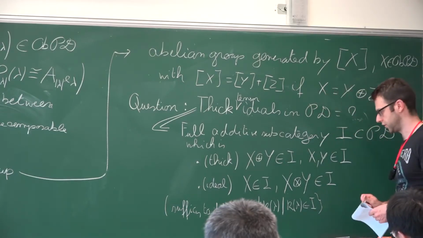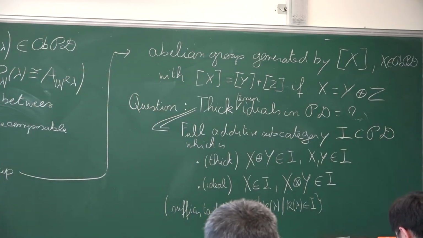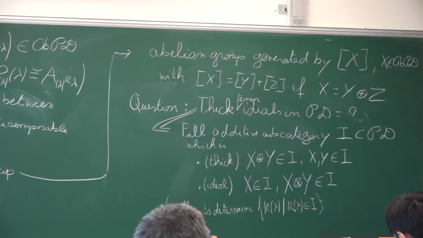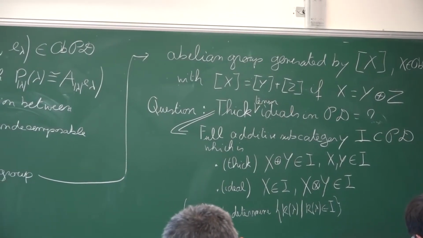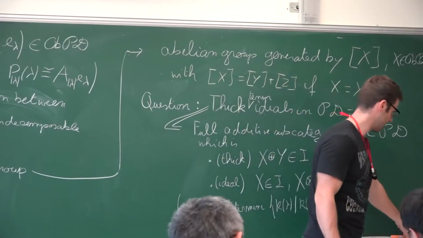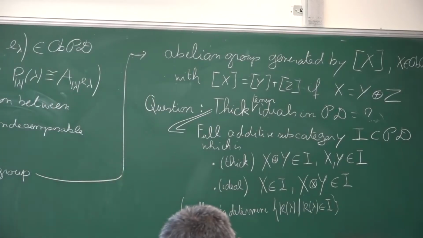So it's really quite a rough structure. So that's the first thing that I want to discuss, is how to obtain the classification of the thick ideals, the thick tensor ideals.